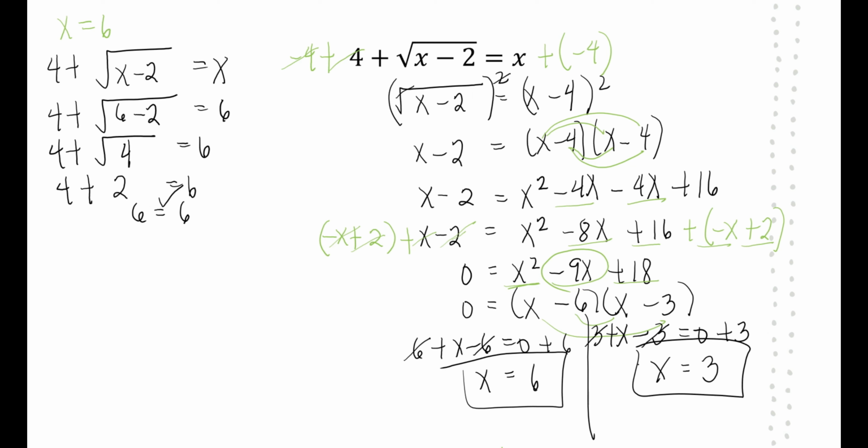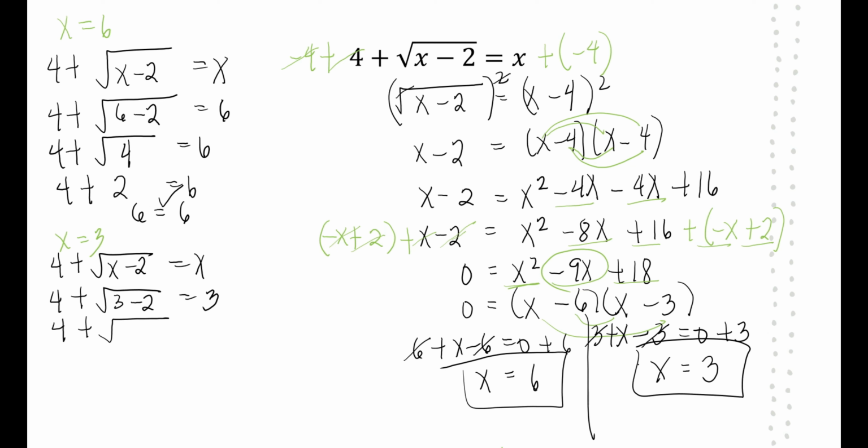Now let us check the second value of x, which is positive 3. Our original equation is 4 plus the square root of x minus 2 equals x. So this would be equal to 4 plus the square root of 3 minus 2 equals 3. 3 minus 2 is equal to 1.